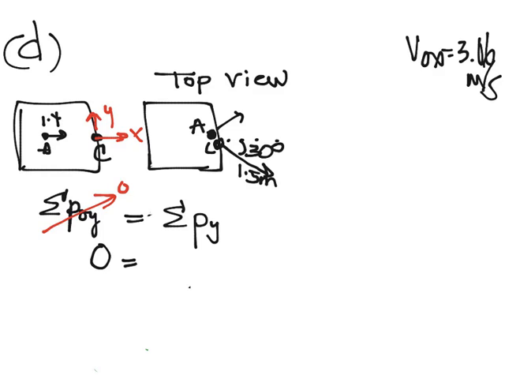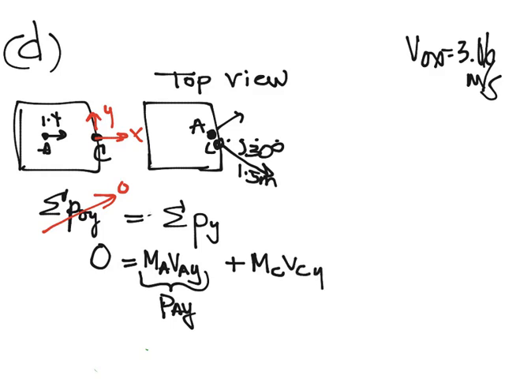At the end, we have m a v a y, but actually, that's just p A y, the y component of A's momentum, plus mc vcy is equal to 0.